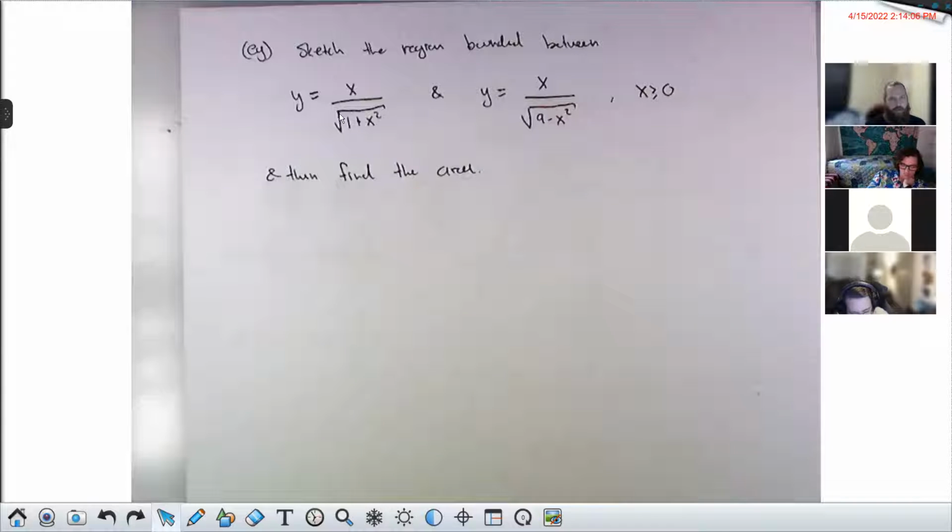This first guy, we can play some games. So this first guy's domain is going to be all real numbers because 1 plus x squared is never negative, never 0. So this apparatus is defined everywhere. Upstairs, we have an x to the 1. Downstairs, we have an x to the 2, but it's under a radical. So I expect this to have a horizontal asymptote of 1 that it approaches on both sides, or perhaps -1 on the left. I don't think there's any shame in using a graphing utility.